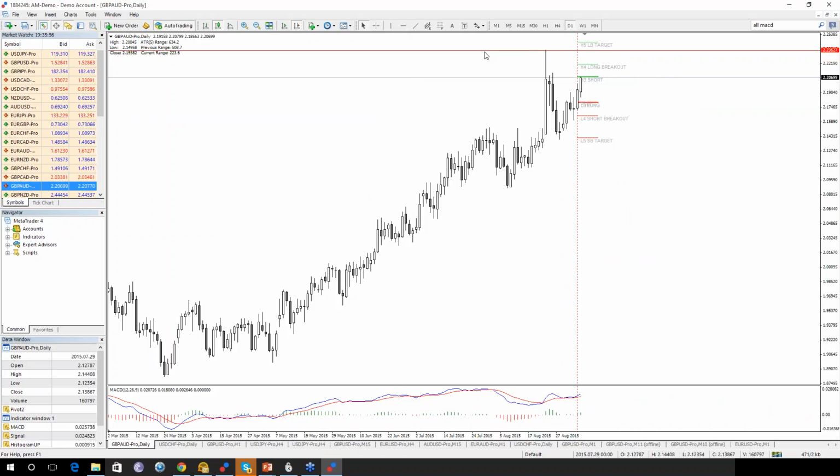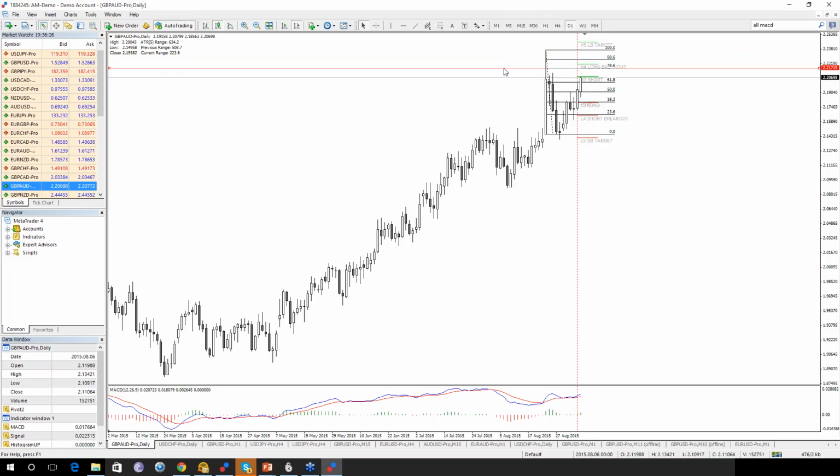I'll be careful with shorts on GBP AUD, really, because the Australian dollar is weak, GBP is much stronger than AUD, so I would be careful about shorting. But let's use the momentum candle. So maybe for your shorts, this could be a confluence point.